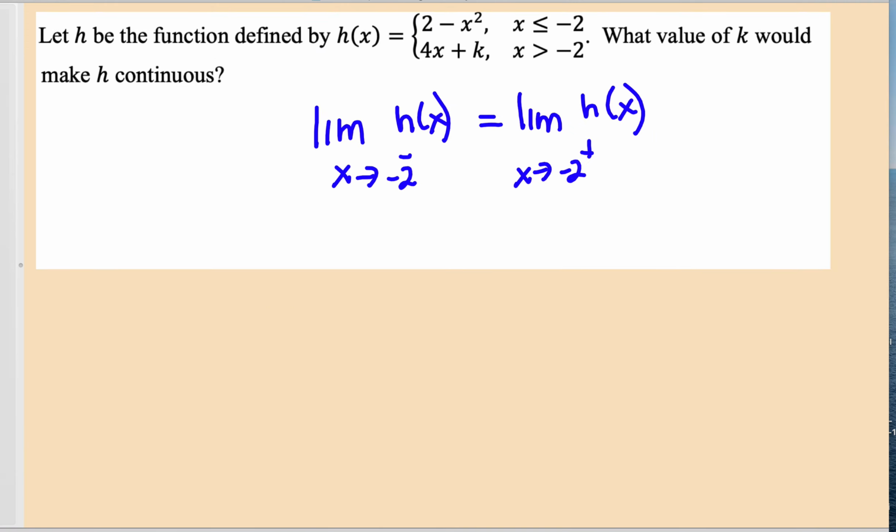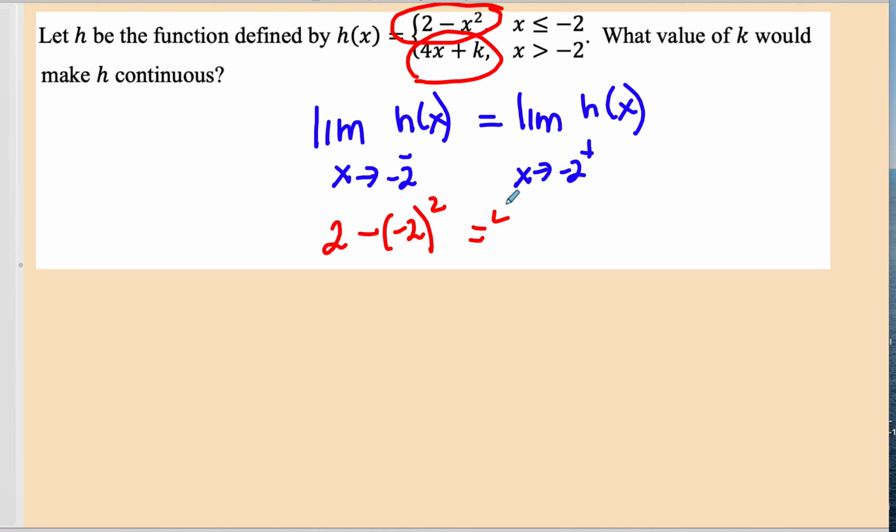Let h be the function defined by this. What value of k would make it continuous? In order to make it continuous, the left limit and the right limit have to be the same. So if I'm working with the left side, that means this rule right here. So this will be 2 take away -2 squared, and I want to set it equal to the right rule here.